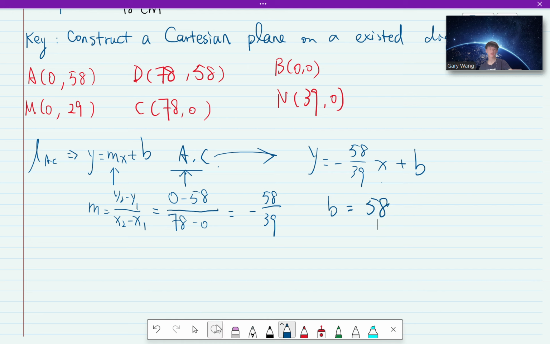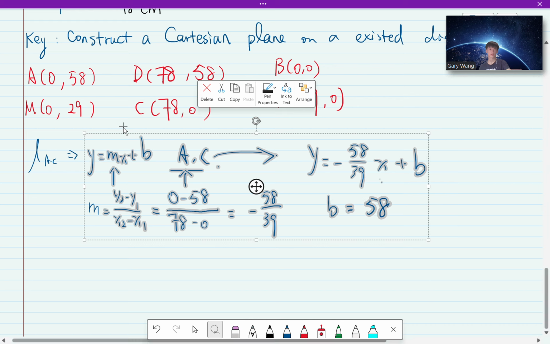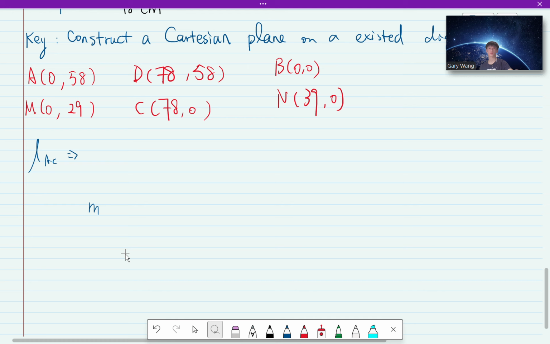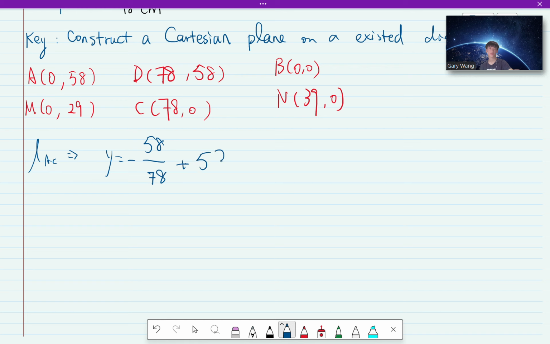So let's tidy things up a bit. Let me just erase all the calculation parts, because we already know that. So we know that the equation for line AC is y equals negative 58 over 78 x plus 58.